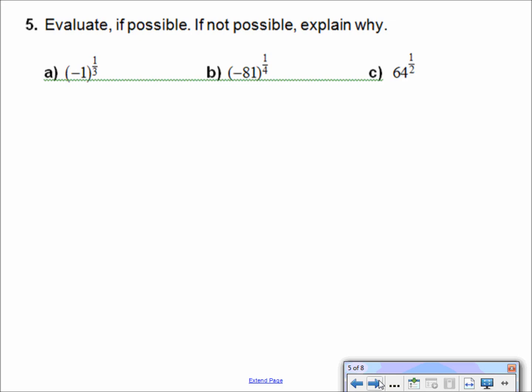All right, evaluate if possible. Explain why not. So we know why not, right? We talked about this two slides ago. If we have an odd number root or radical for a negative, then it works. If it's a positive, then it doesn't work, okay? So let's set them up.